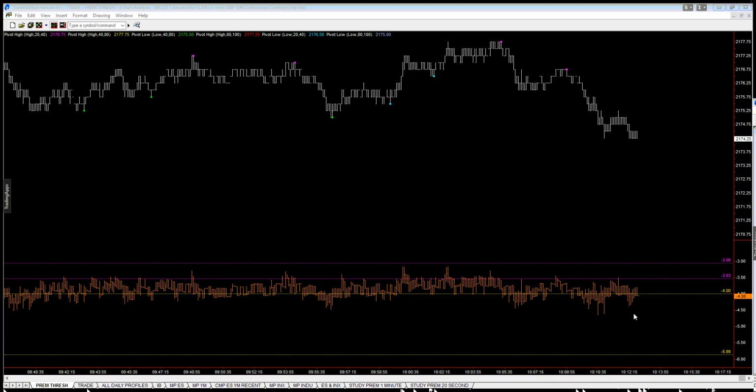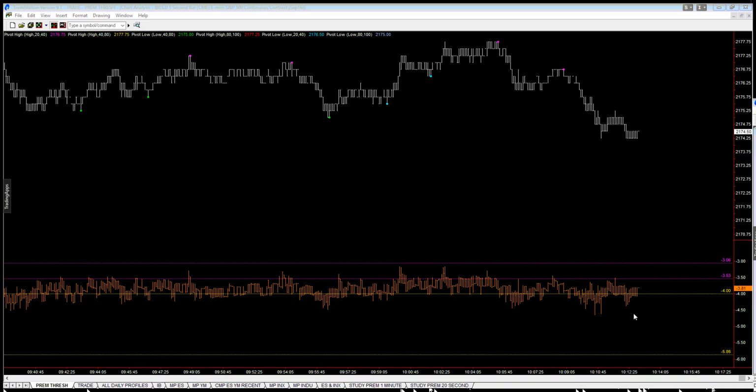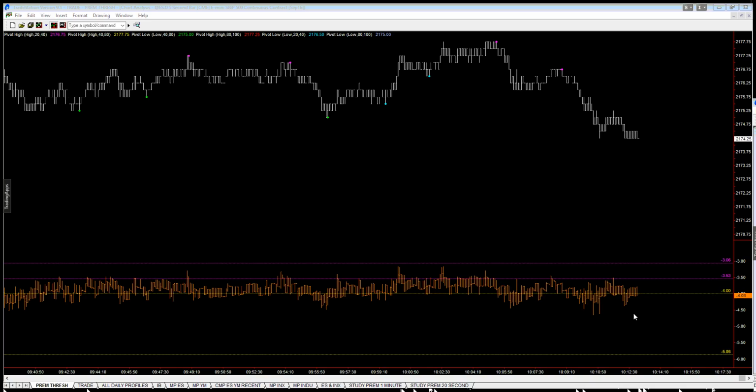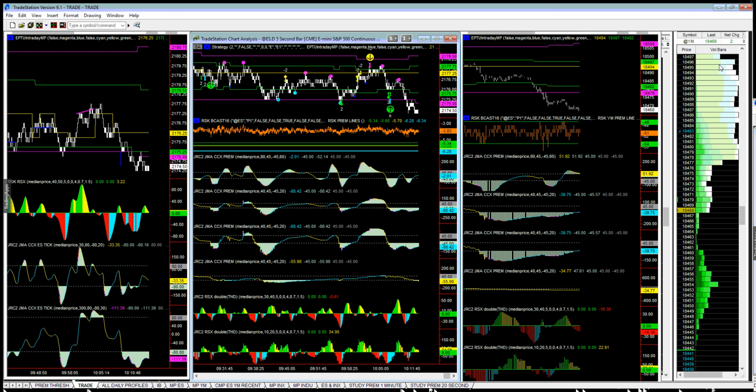Looking at the market profile here, it somewhat depends upon what happens with the YM. Let's take a look at one of our other charts here.